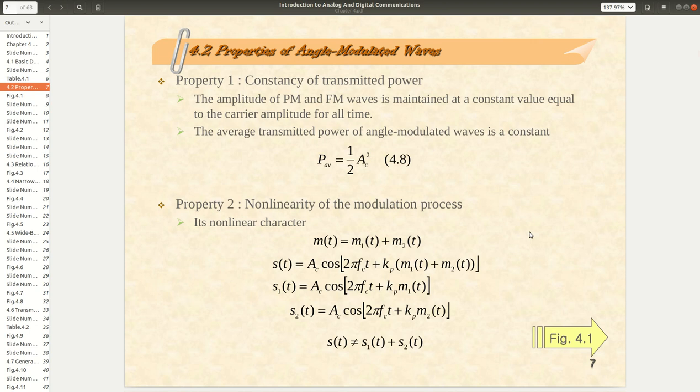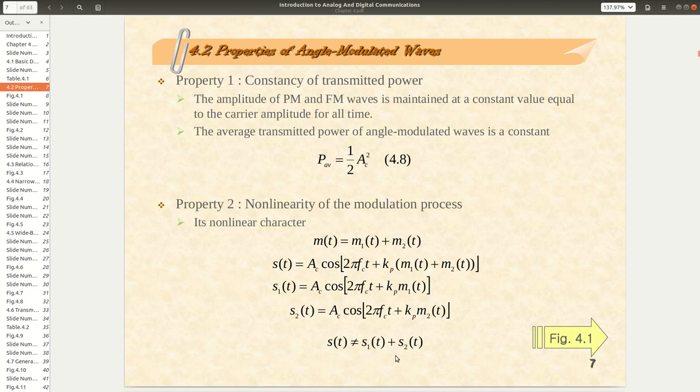Properties of the angle modulated signal: the average power is constant, 1 over 2 A_c squared, the amplitude squared. Another property is the non-linearity of the modulation, because you change inside the cosine. So if you take the summation of the input, you can't take the summation of the output.